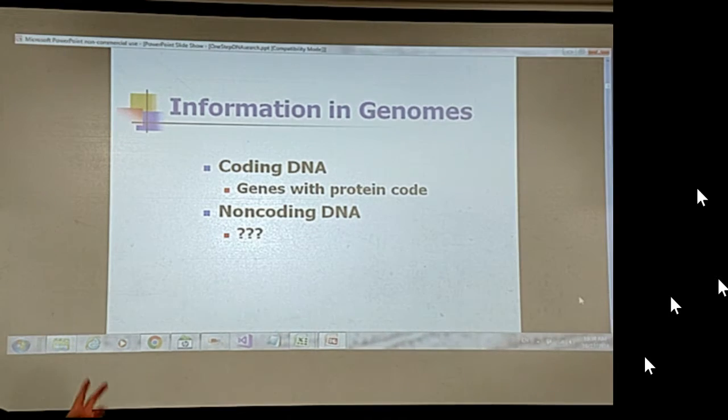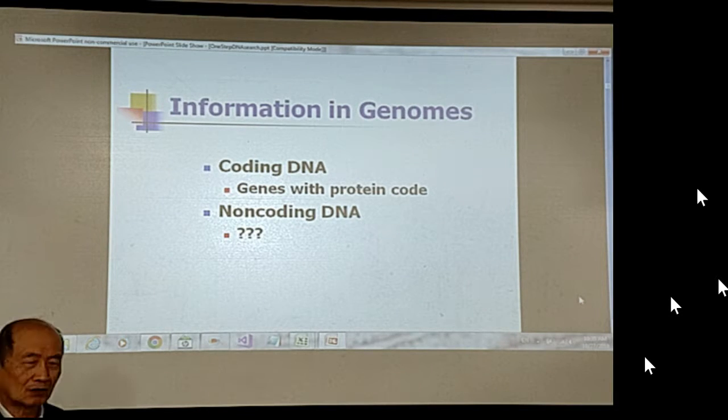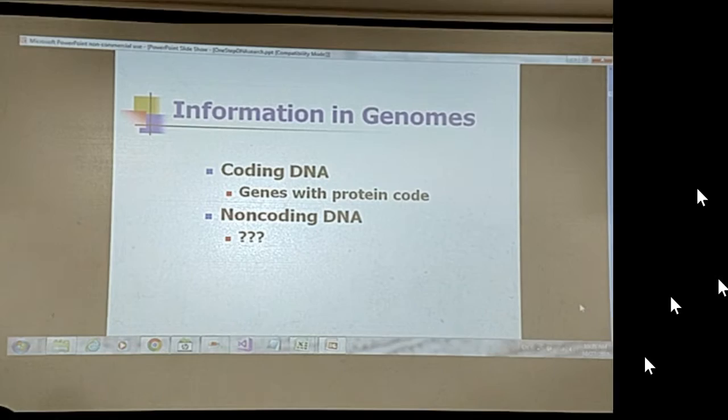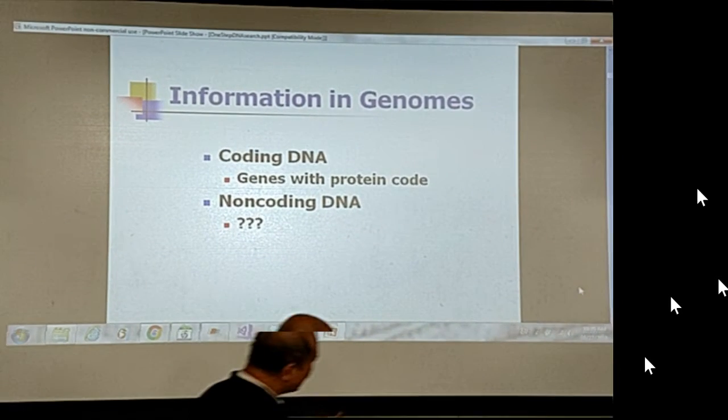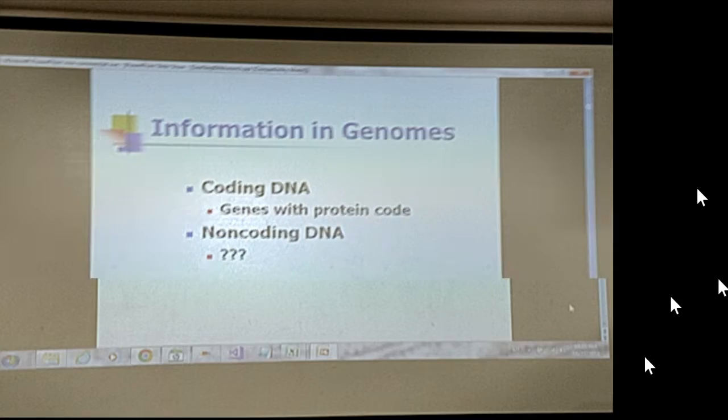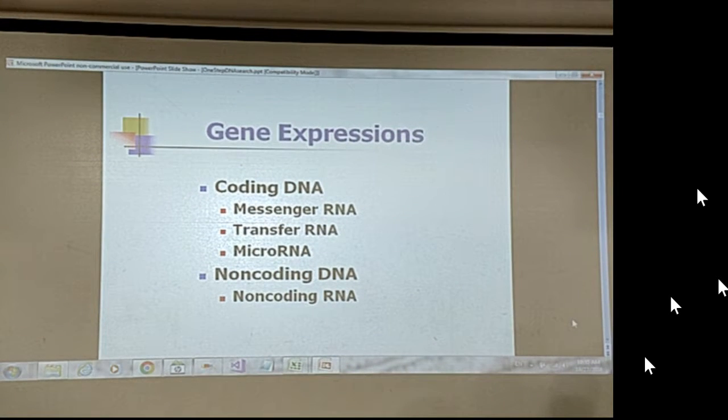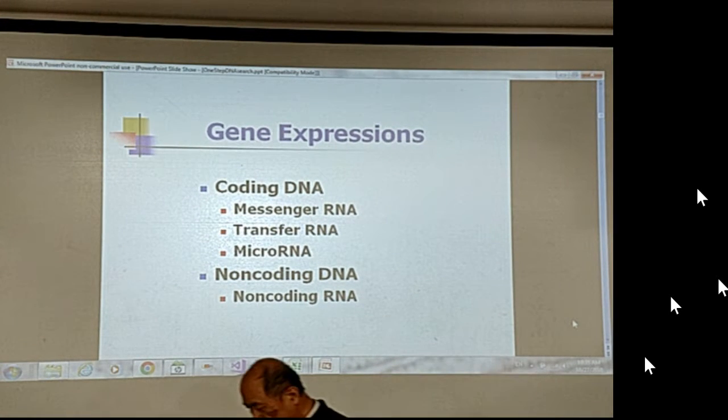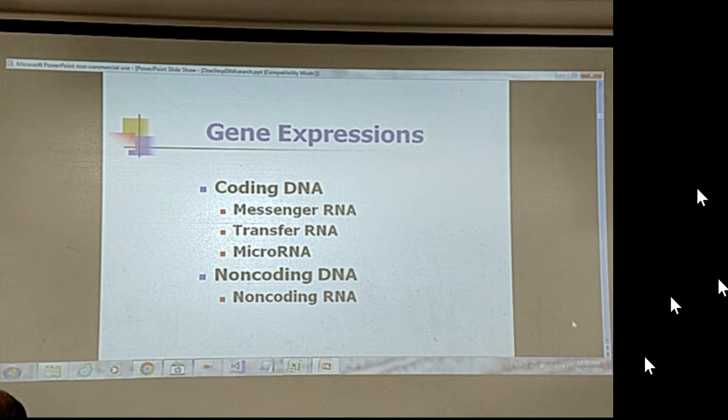They really don't know what they're doing, but it looks like a gene. But most of these things, later we call non-coding DNA. This code does not produce protein. So what's in the non-coding DNA?